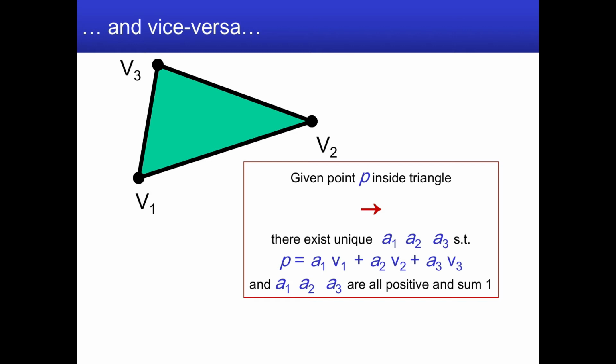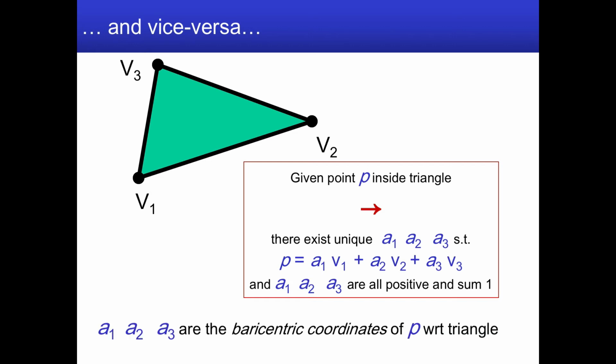So all the points inside the triangle can be expressed as a linear combination of its vertices, and this linear combination is given by values bigger than 0, less than 1, and they sum up to 1. If you vary all these possible configurations, you actually cover all the points in the triangle.